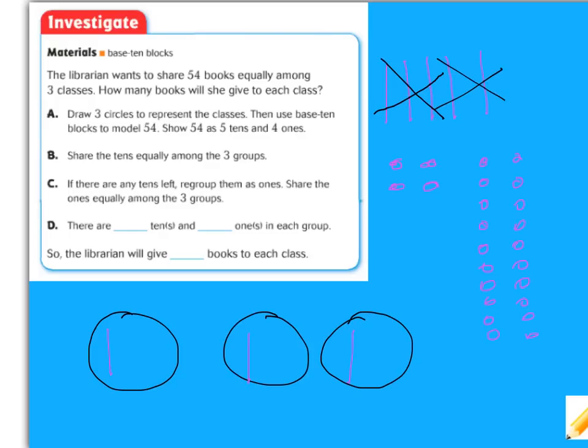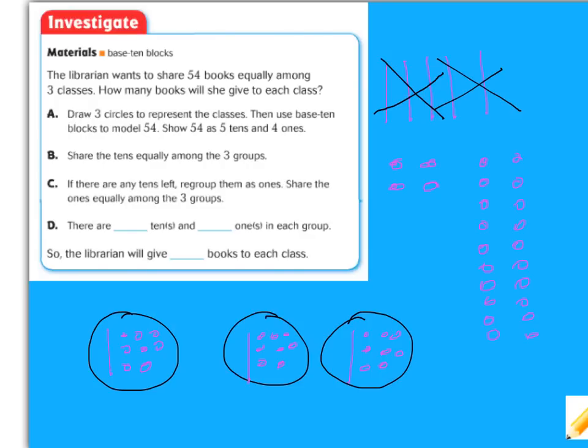And now I'll get rid of those because I've used them. So I now have 24 1s left over.